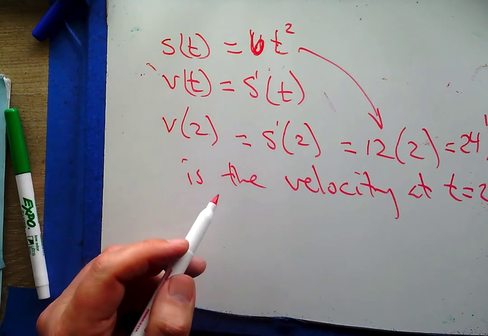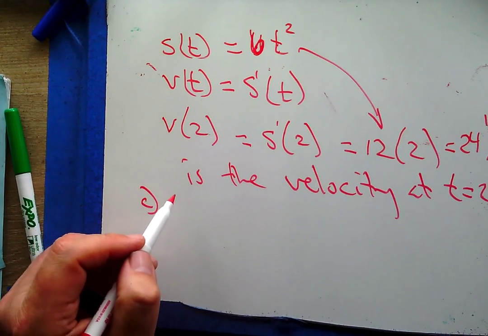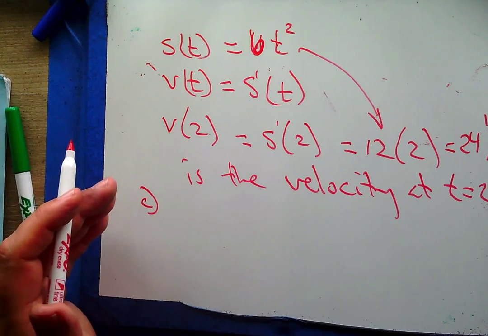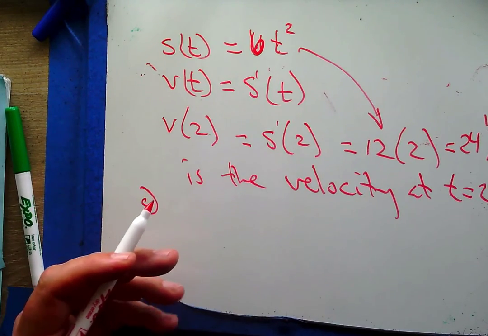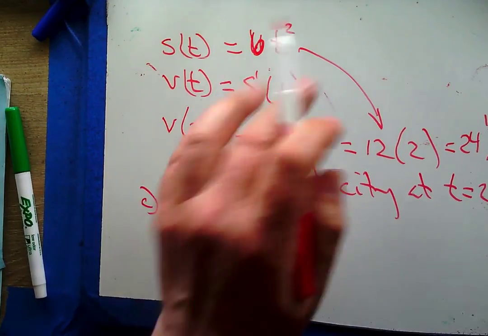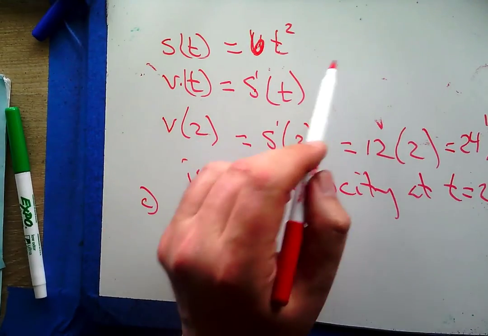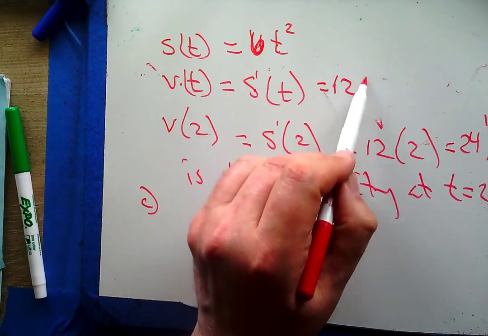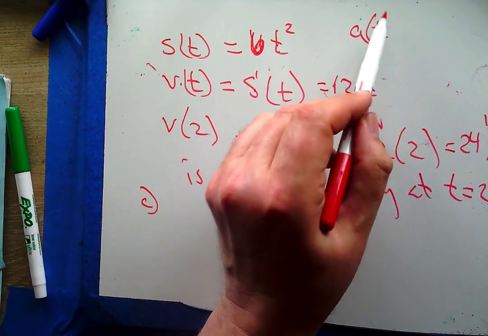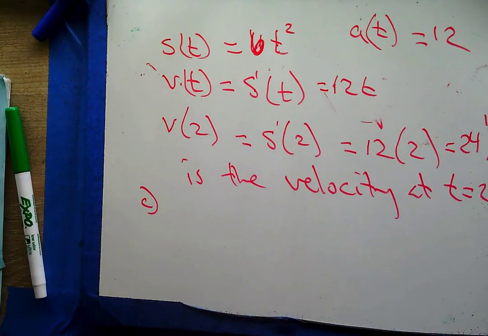All right, and then finally part C. Part C says acceleration when velocity equals 3. Well, I have to find out when velocity is equal to 3, and then take that time and plug it into the acceleration equation. Velocity is the derivative of this, and that's 12t. Acceleration is going to be the derivative of this, which is a constant.